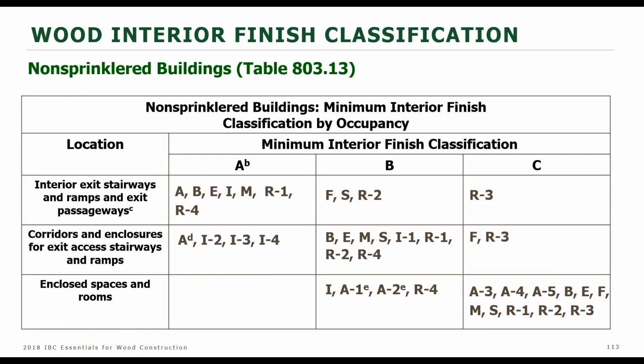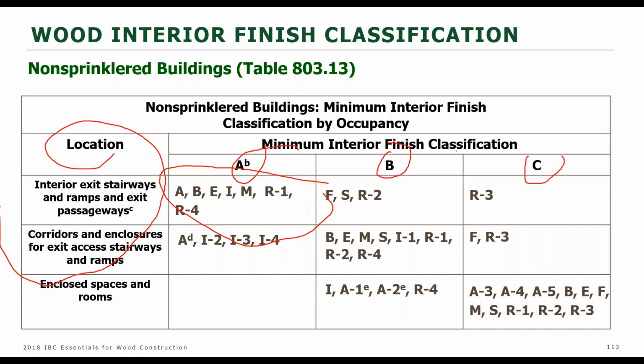Well, here it is. This is a modified table out of the code. Flame spread classification for all interior finish depends on the location in the building and the occupancy group. Okay. So type A, interior finish. Type B, this is flame spread, and type C. Type A is most restrictive. Okay.